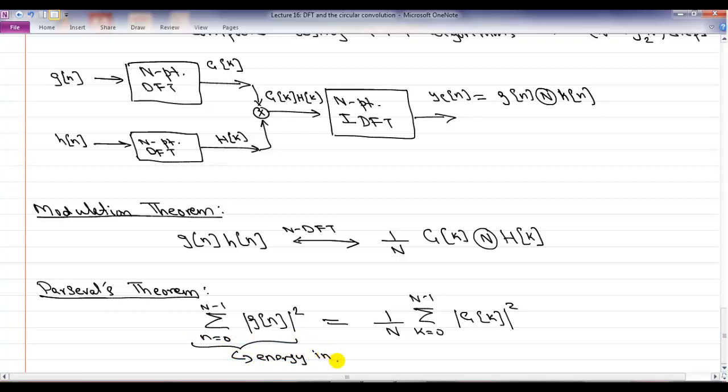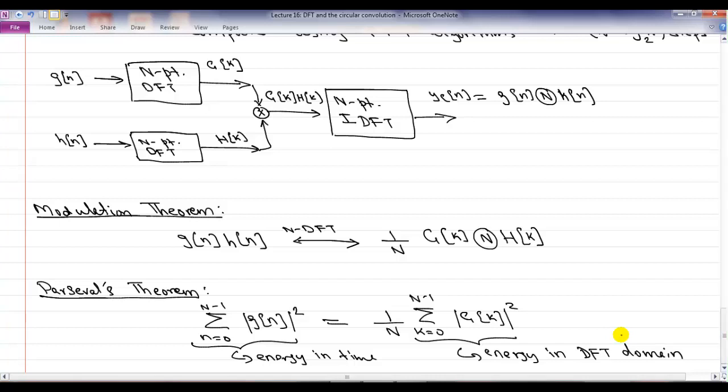So Parseval's theorem in words can be said as energy in time is proportional to the energy in the DFT coefficients of your signal. And the constant of proportionality in our case is 1 over N because of the way the discrete Fourier transform was defined in our class.